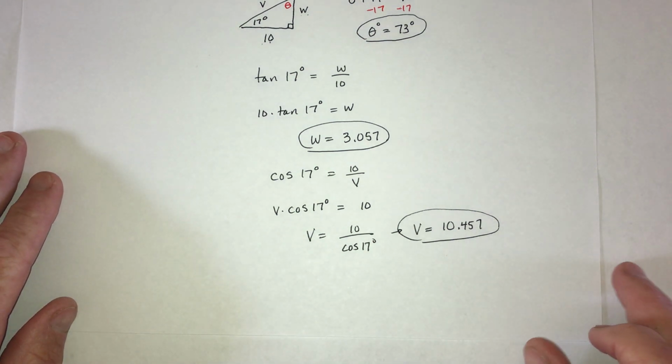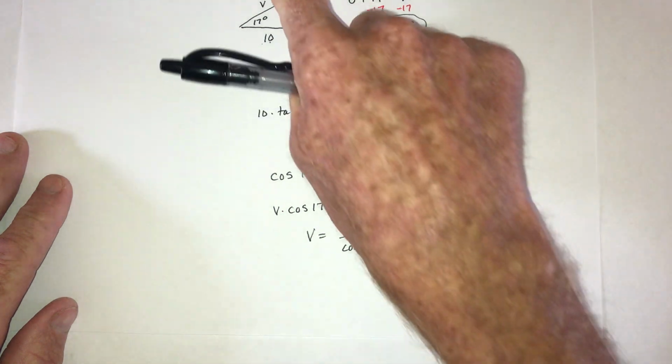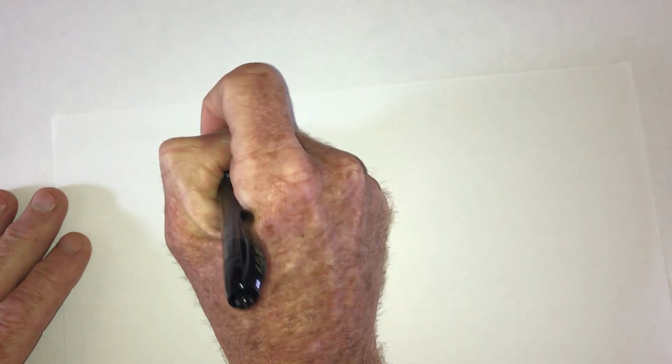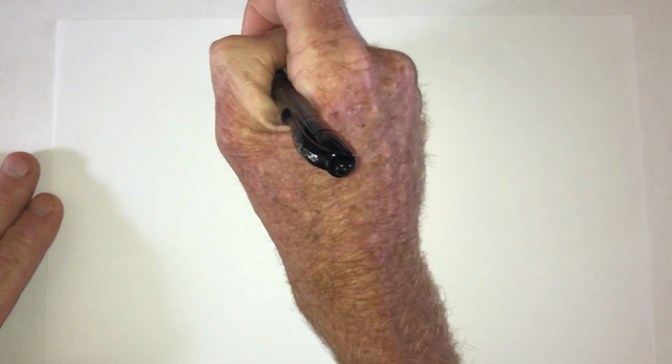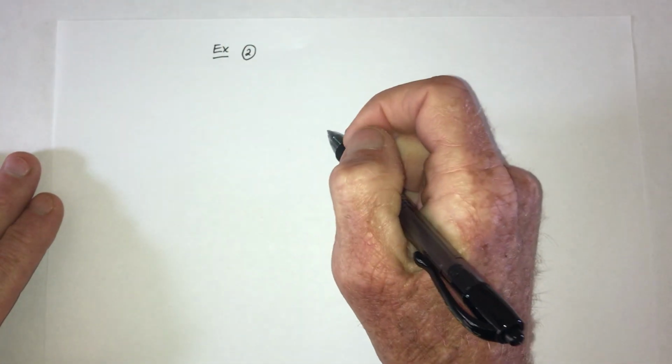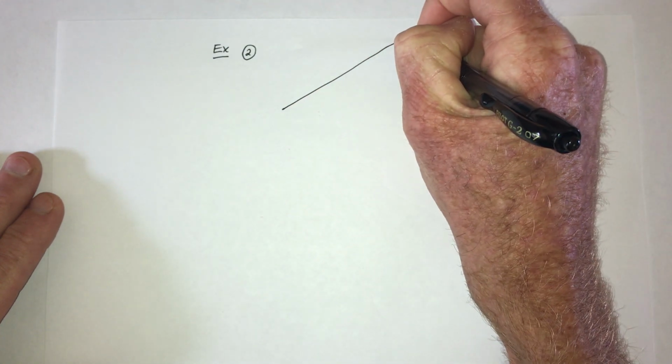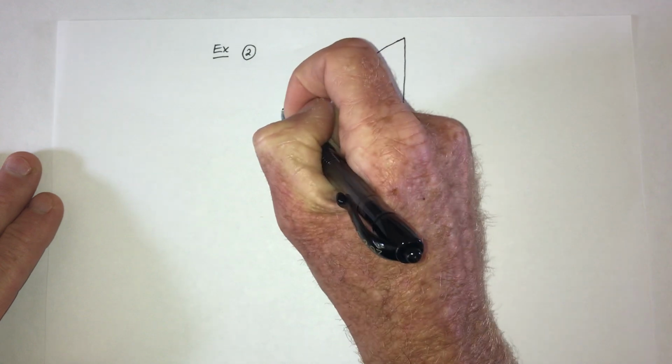Now, before we go on to more of the applications, I want to solve a more complicated triangle. This one isn't solve the whole thing, but this is example number 2. And suppose the picture looks like this. It's one big right triangle.